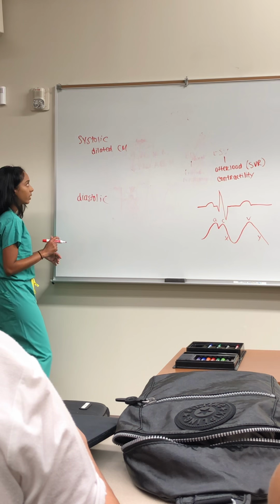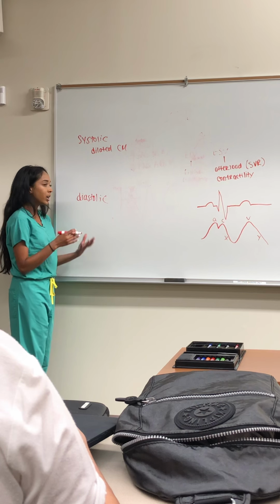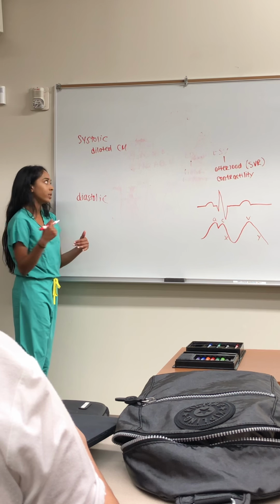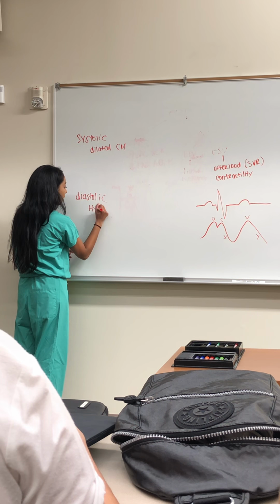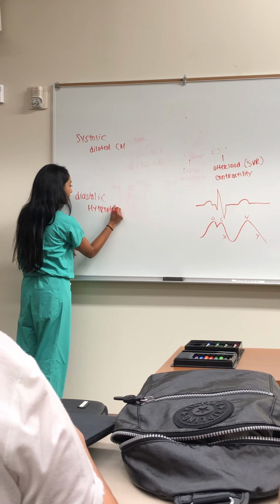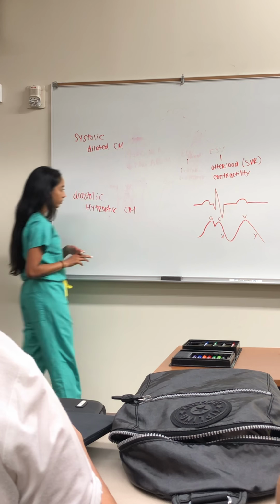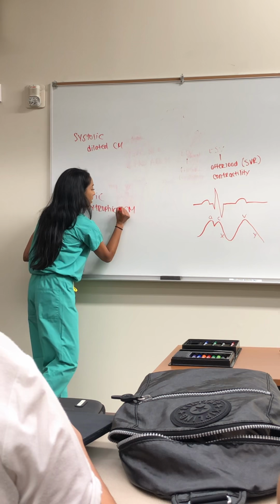With diastolic heart failure, you have issues such as a non-compliant ventricle. You're unable to fill the ventricle. So this would be like hypertrophic obstructive cardiomyopathy.